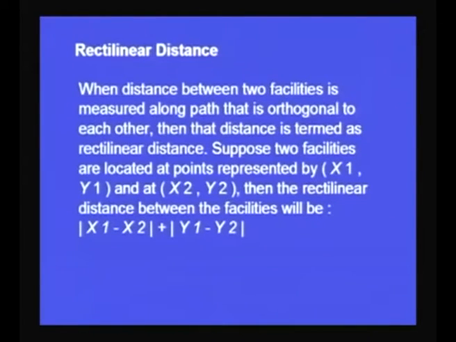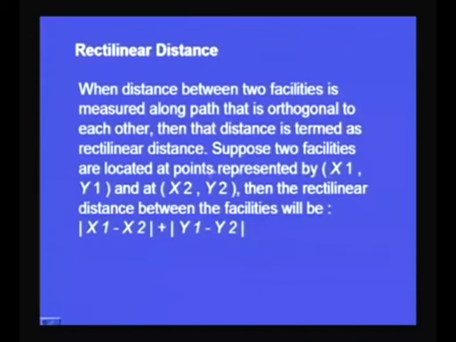Then we go along this path and then travel along this path, and between these two paths there is an angle of 90 degrees. So this is an orthogonal distance. We will also try to understand this with the help of a diagram, but we need to understand that when the distance between the two facilities is measured along the path that is orthogonal to each other, that distance is termed as the rectilinear distance.